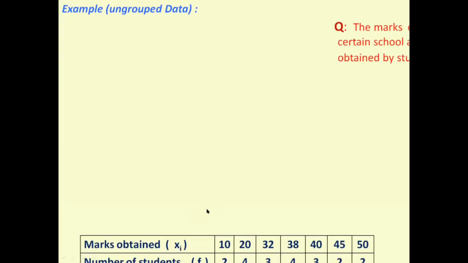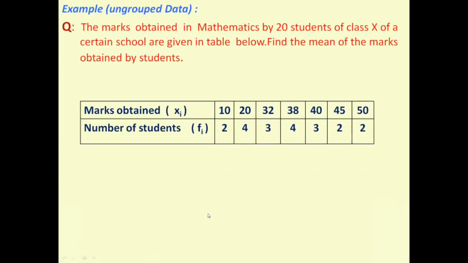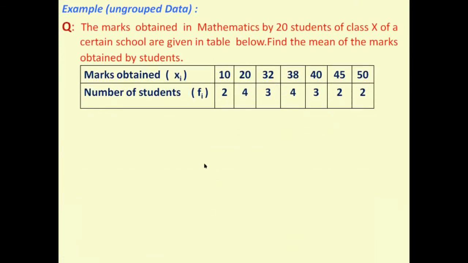Now we are going to solve an example for ungrouped data to find mean. First, the question. The marks obtained in mathematics by 20 students of class 10th of a certain school are given in the table below. Find the mean of the marks obtained by students.